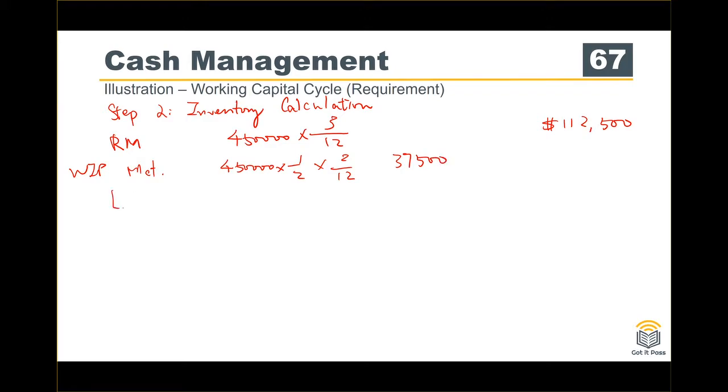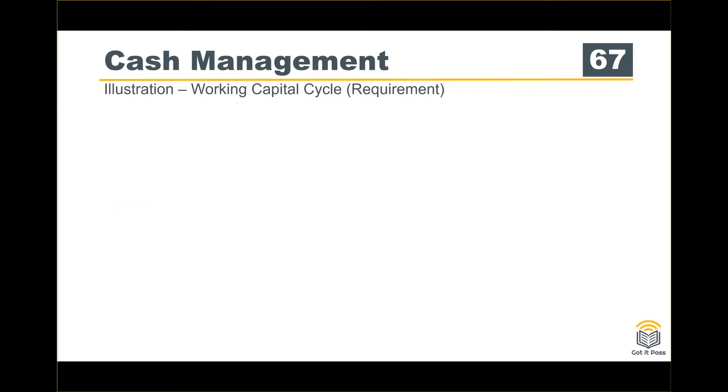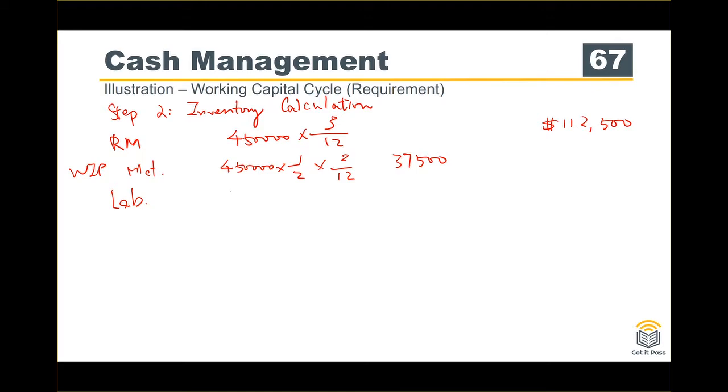For labor, $375,000, only take half of it, and with 2 months inventory cycle, so it's 31,250.